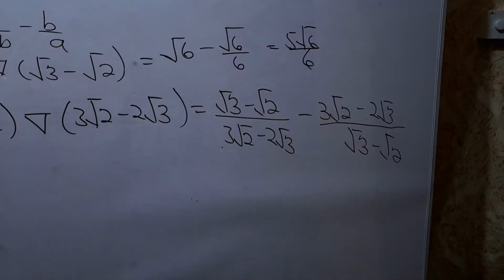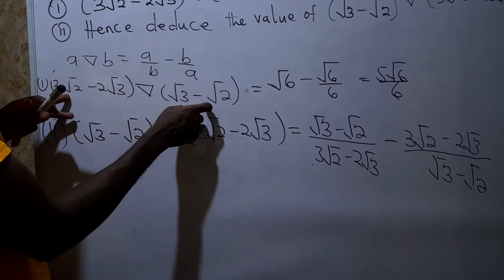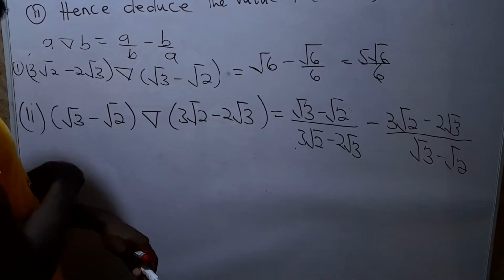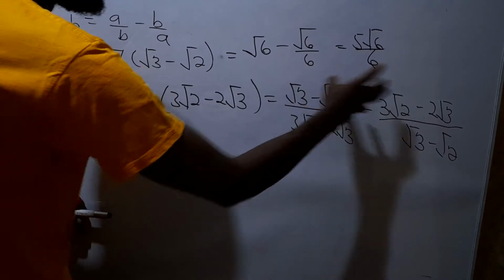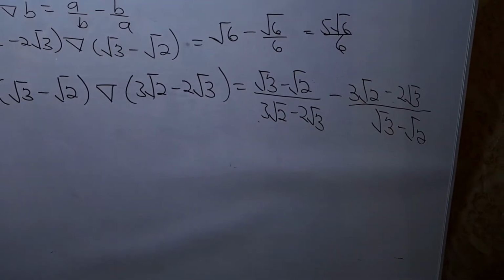Now remember, when this was first and this is second, we had root 6 over 6. So since we change their position, it means this will be root 6 over 6 and this will give us root 6. That's what is meant by deducing it.